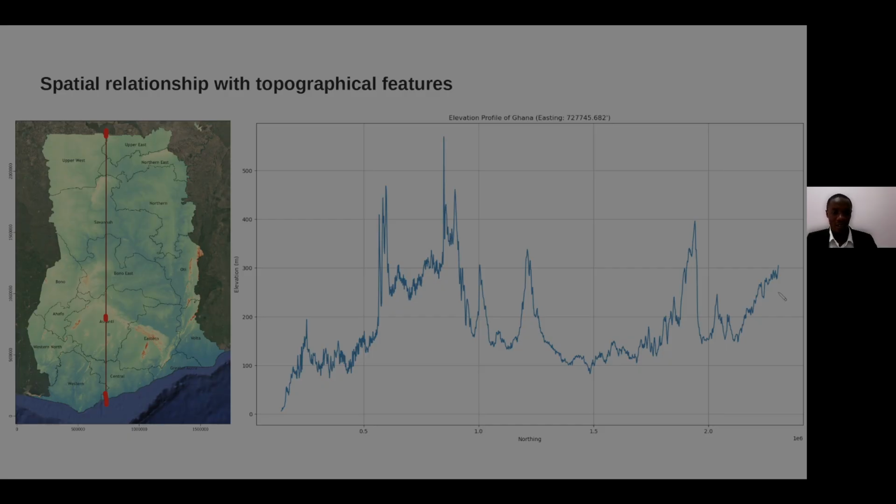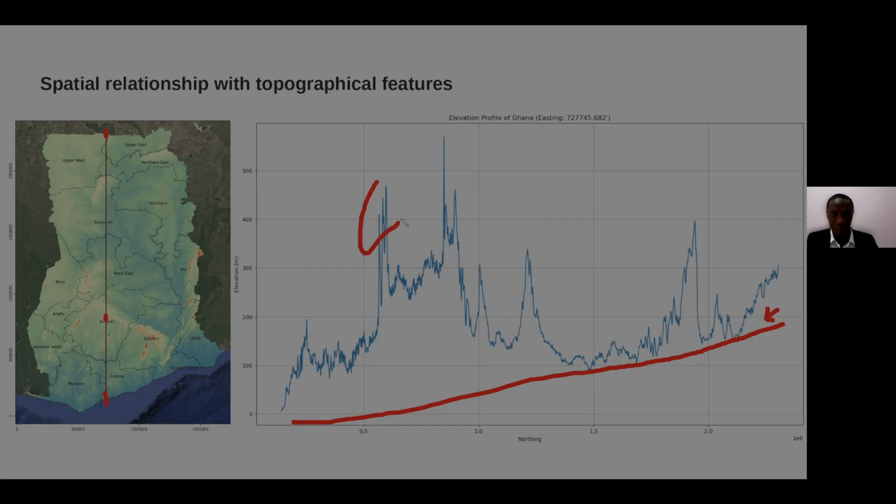The elevation does not have a uniform slope, it is undulating, and we can see that the northern half of the country is at a higher elevation than the southern half. So in case there is any rainfall, the rain will move from the northern half towards the southern half of the country.